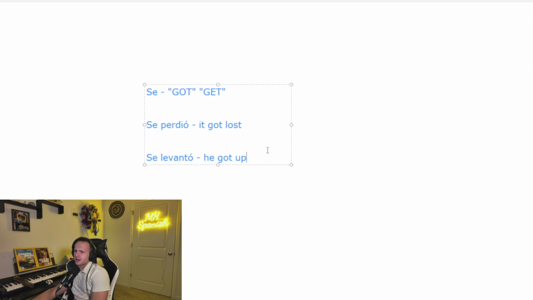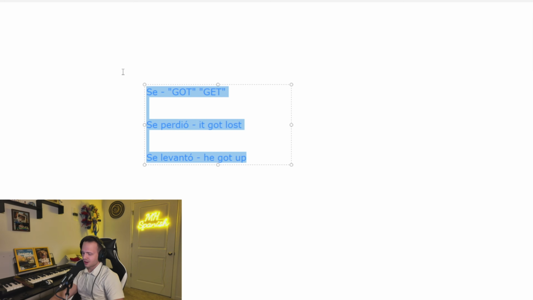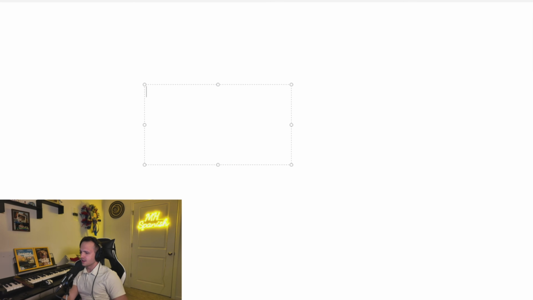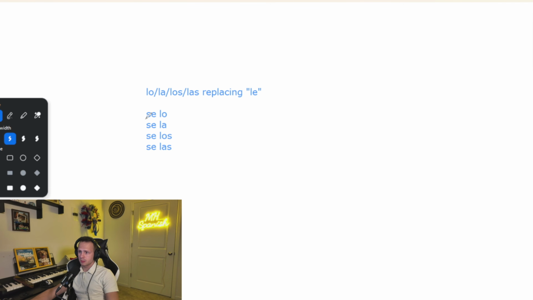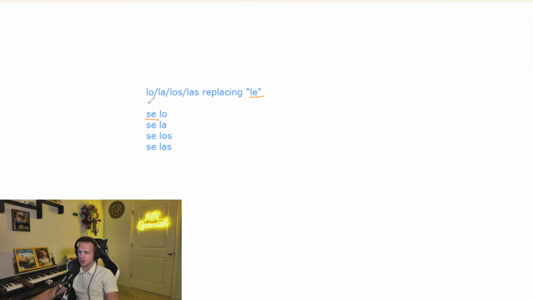The last use of it is when we put it before lo, la, los, and las, replacing le. What does this mean? If you've ever seen celo, cela, celos, or celas, then you're really replacing the word le with se, and then lo, la, los, las becomes it or them.